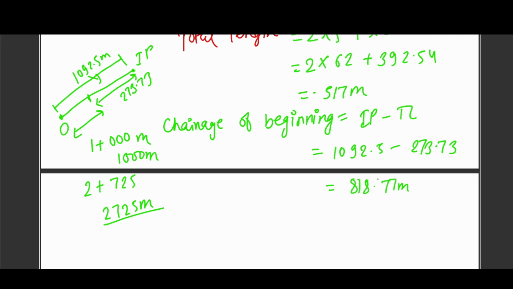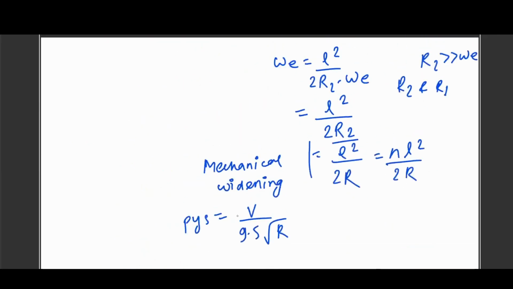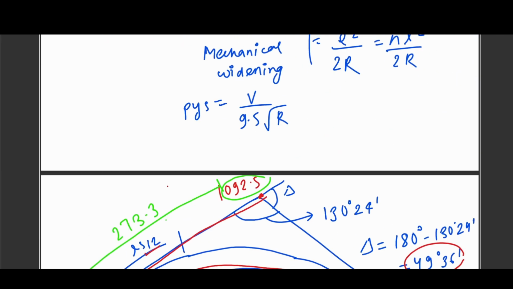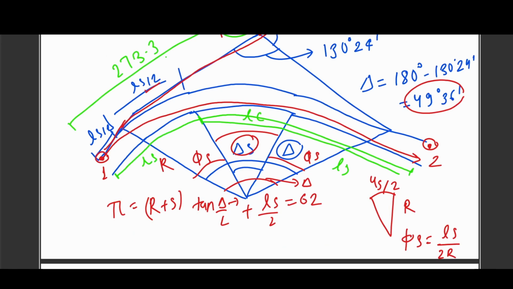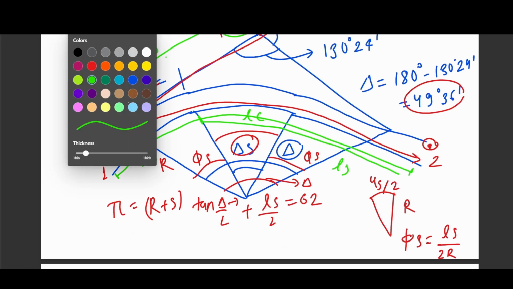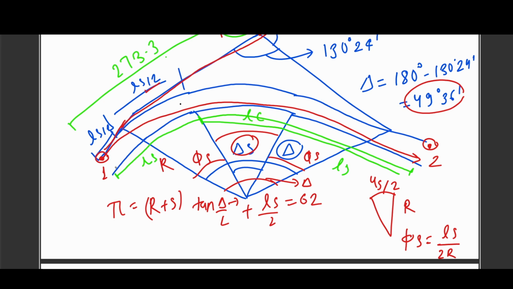So what will be the chainage at the beginning? It will be 818.77. So what we calculated is the value at this portion. Let me show you with the black marker. So this portion our value is computed. We need to add the length of the composite curve, all this portion, so that we can get the value of the chainage at the last portion.